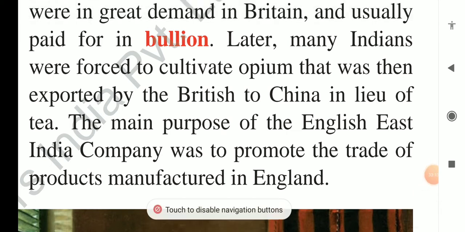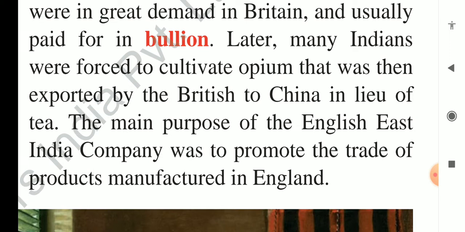So behind this, the main purpose of the English East India Company was to promote the trade of products manufactured in England. So company wanted to promote its trade. All the time, company was thinking of its trade only. Remember, when company came to India, company did not think of ruling over India.